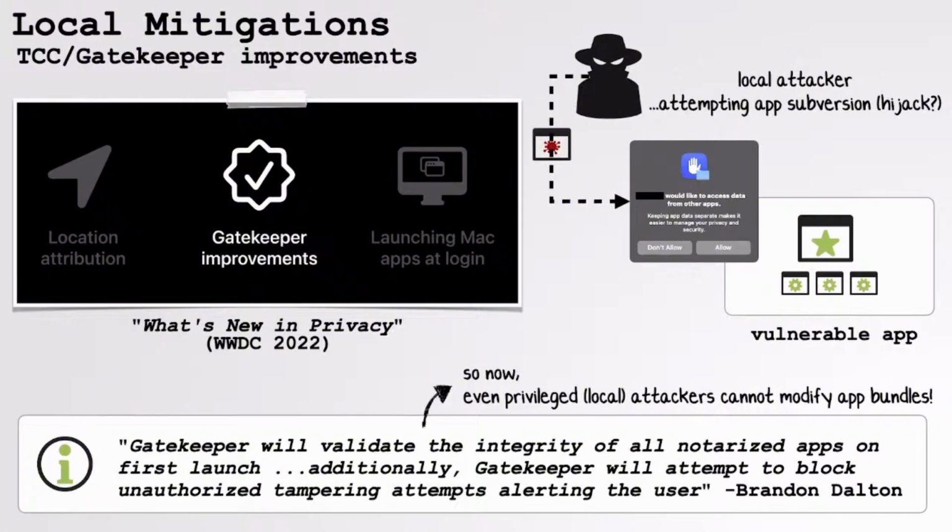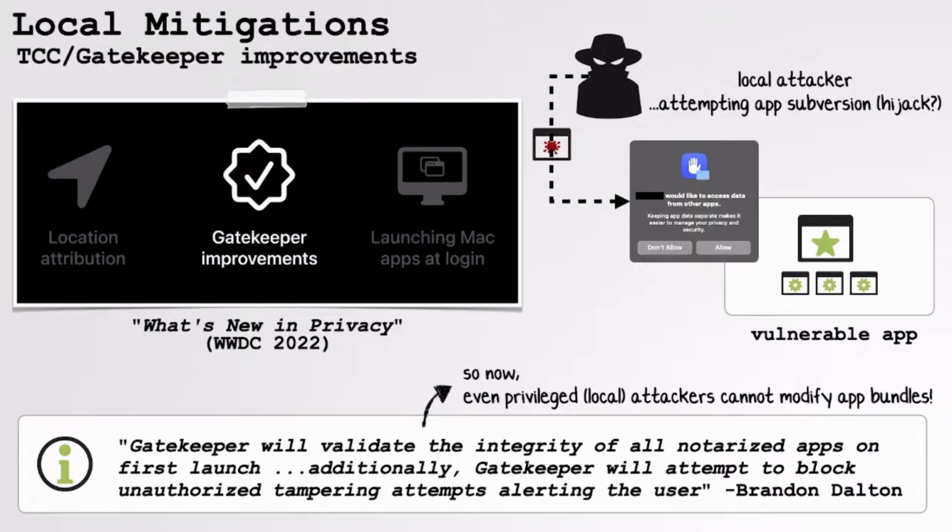And then finally, in the last few years, Apple also improved both TCC and Gatekeeper, and there were some mentions of this in talks earlier today. That really shows that even if you somehow could bypass all those other mitigations, at runtime, Gatekeeper will actually revalidate the integrity of an application. So even as a local attacker where notarization normally doesn't come into play, macOS will now revalidate the application bundle.